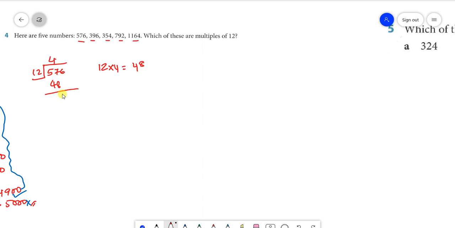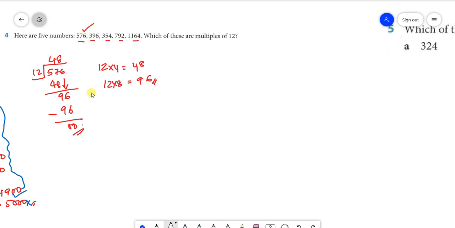We get 96, bring the 6 down, 96. And this 96 is divisible by 8. So 12 times 8 is equal to 96. So we have 8 and 96. The answer is 0. So we have our first multiple of 12, which is 576.